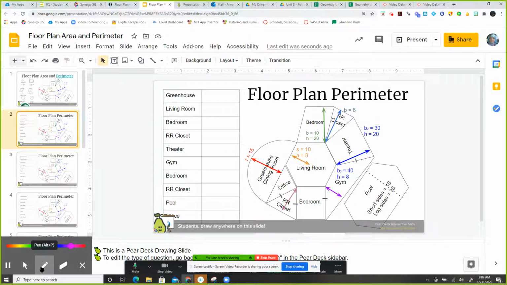So how do I find the perimeter of this semicircle if I know the radius is 15? What formula would I use?